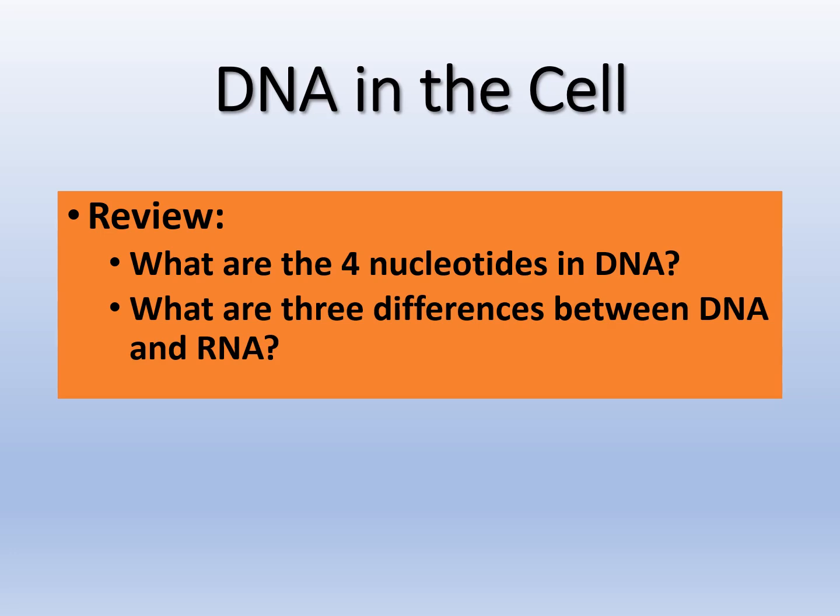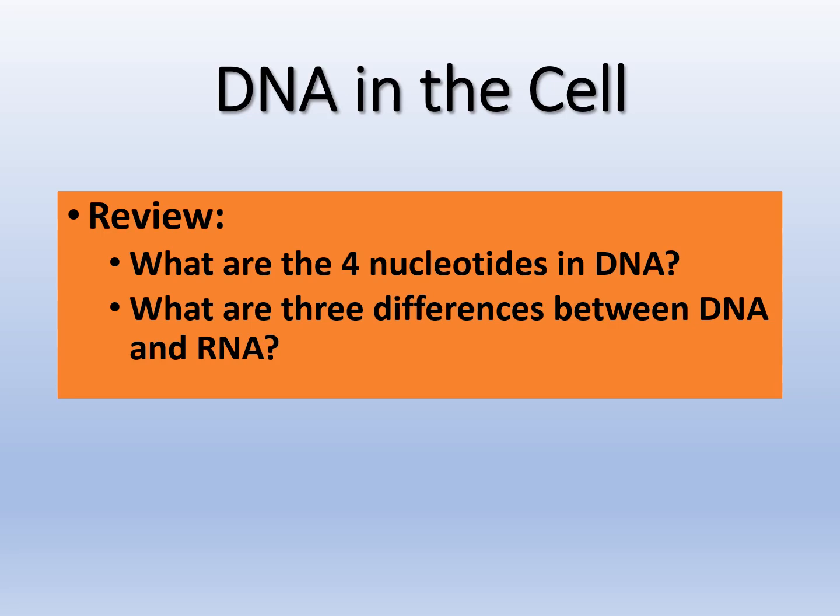Well, the D and the R is very obvious, right? D stands for deoxyribose and R stands for ribose. So we have a different sugar. They're similar. They're both 5-carbon sugars, but RNA has ribose instead of deoxyribose.